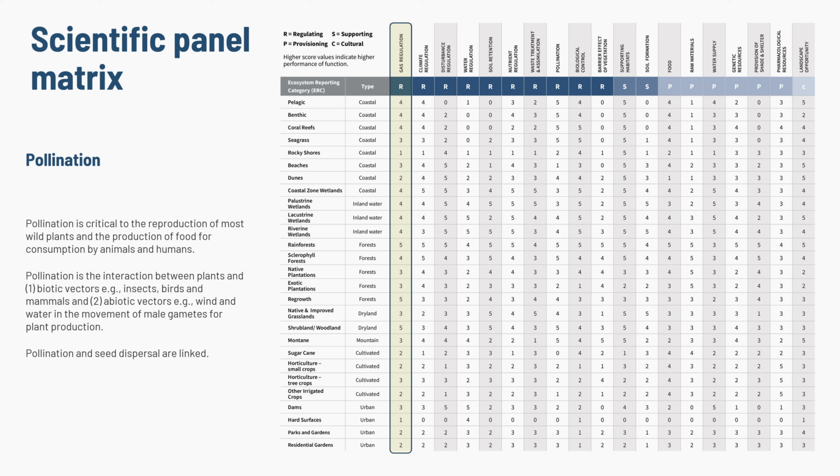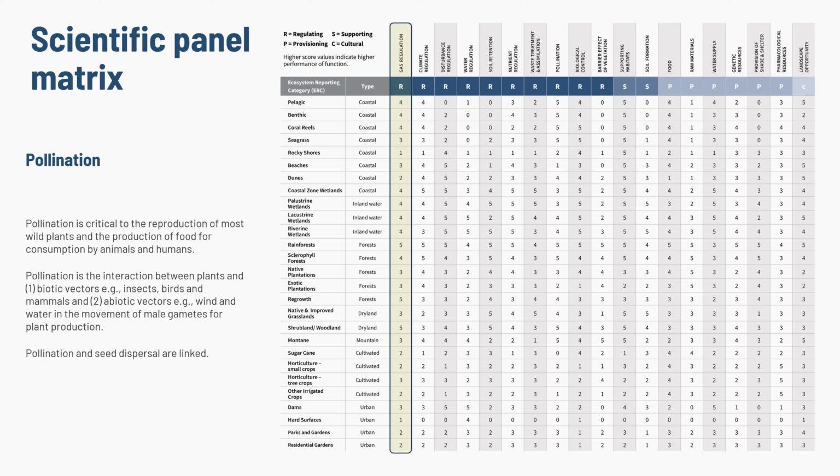So you can see here, for instance, for gas regulation, the top one here, that gas regulation is being performed at a 4 out of 5 level in that pelagic zone.